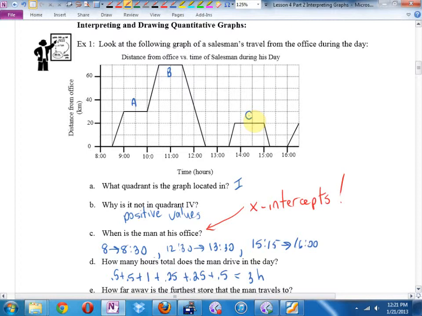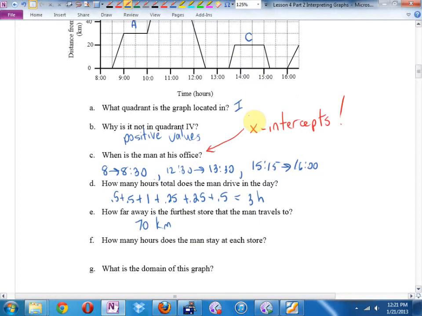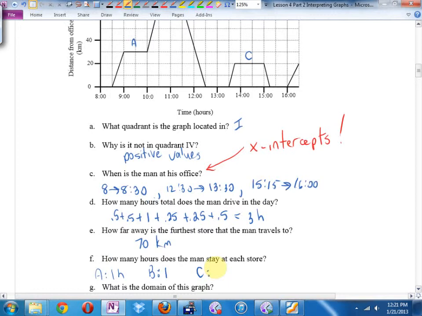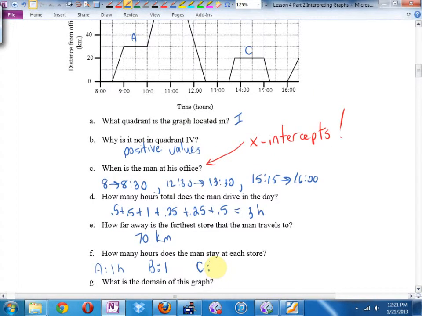No, time always keeps moving, but his distance isn't changing. Oh, that must mean he's staying in one place, yes? So how long does he stay at store A? How long does he stay at store B? Also 1 hour? How long does he stay at store C? Hour and a half?